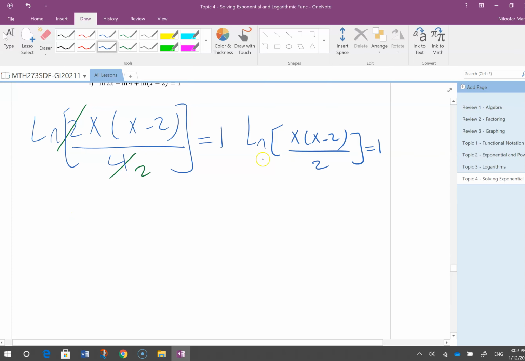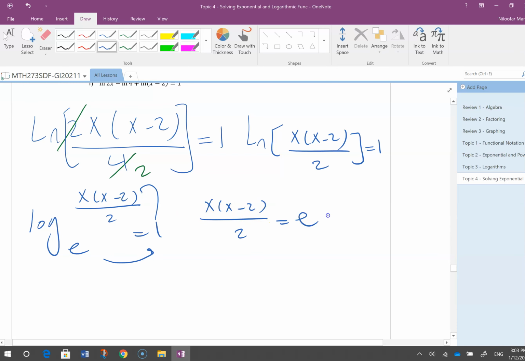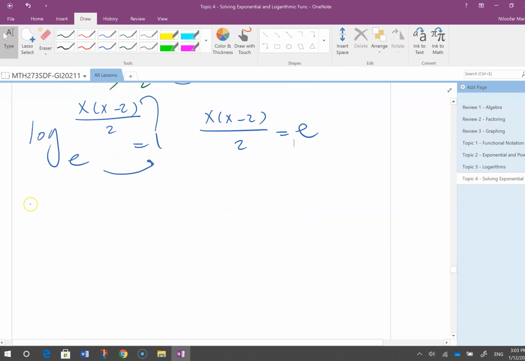So what is the definition? The definition is log of x times x minus 2 over 2, base e, equal 1. So x times x minus 2 divided by 2 is e. Good. So it is x squared minus 2x equals 2e.